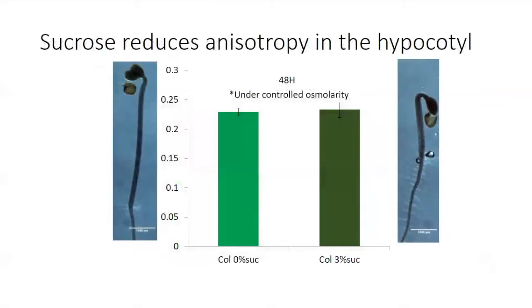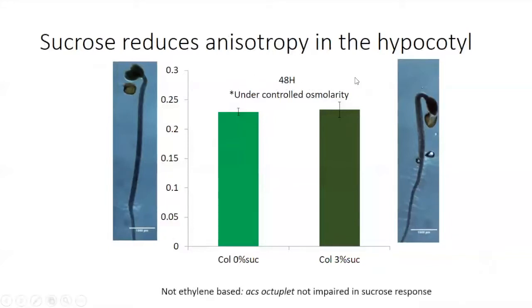But when we calculated their volume and their volumetric growth, what we saw is that it was identical. So they're growing the same amount, they're just partitioning that, giving less growth in length and a little bit more in width. So the volume maintains, but their partitioning is different in length and width. So when you have sucrose, you're less anisotropic.